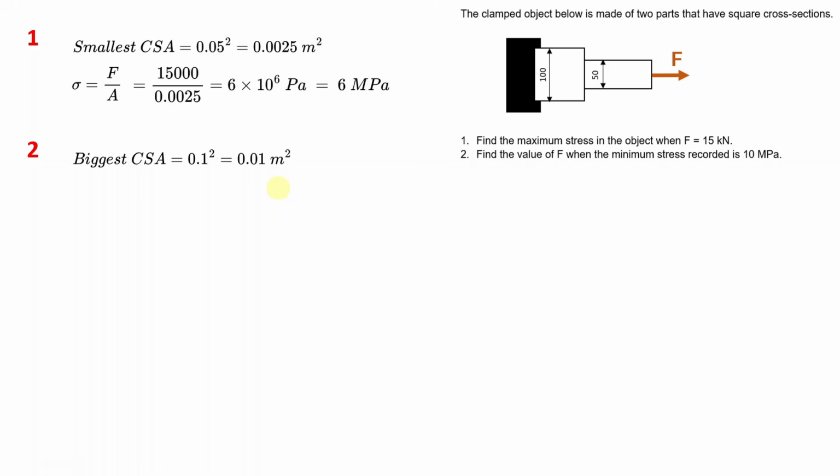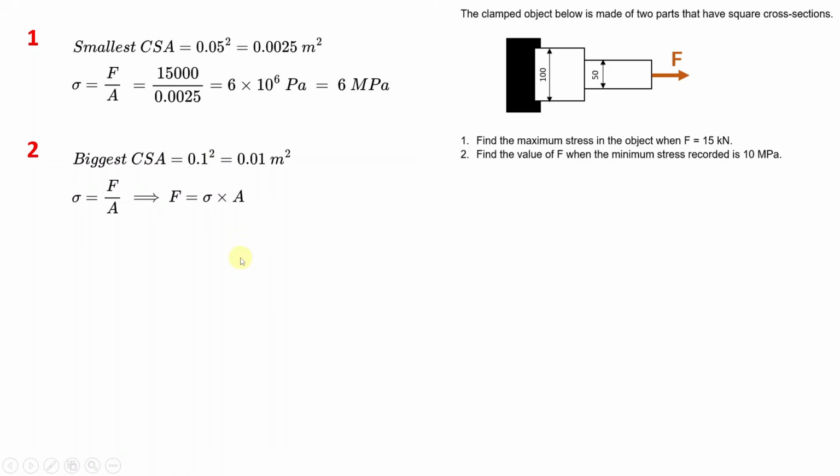And I can find, therefore, the force from the stress equation. You will remember stress is equal to force over area. And so from this, we can write that the force is equal to the stress multiplied by the cross-section area. In this case, the cross-section area of interest is the biggest cross-section area which we calculated earlier. Okay?